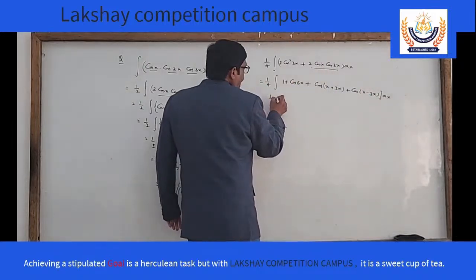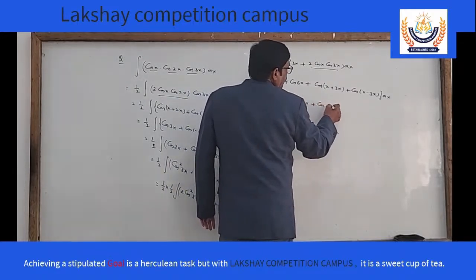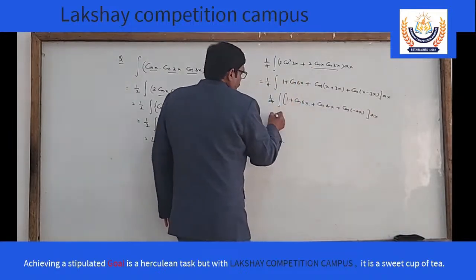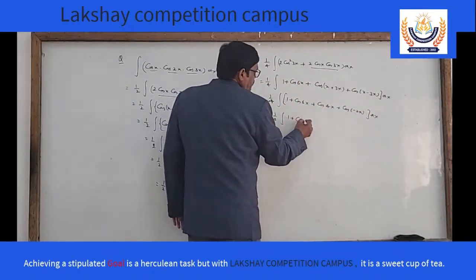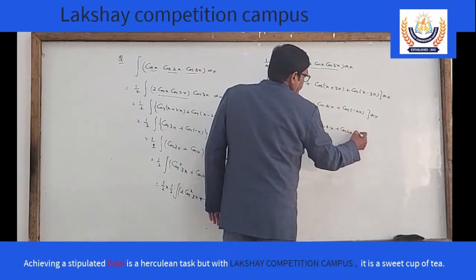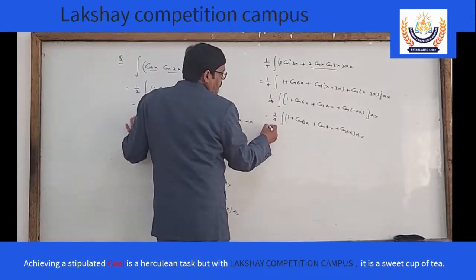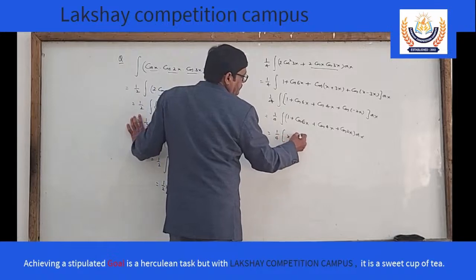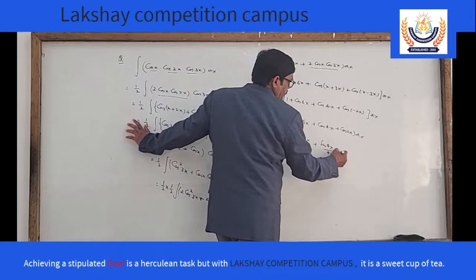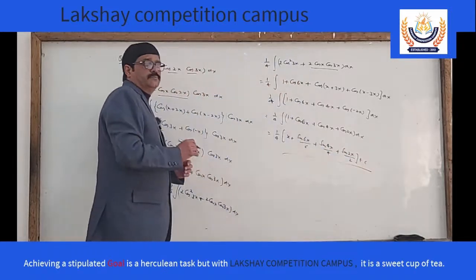So here we have 1 by 4, 1 plus cos 6x, plus cos 4x, plus cos 2x, and now we find the integration. What is the integration of 1? That is x, plus sin 6x by 6, sin 4x by 4, sin 2x by 2. This is the solution of this problem.